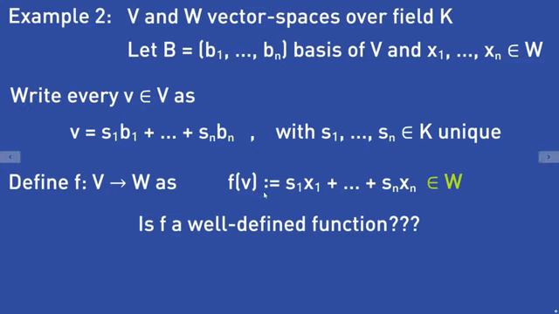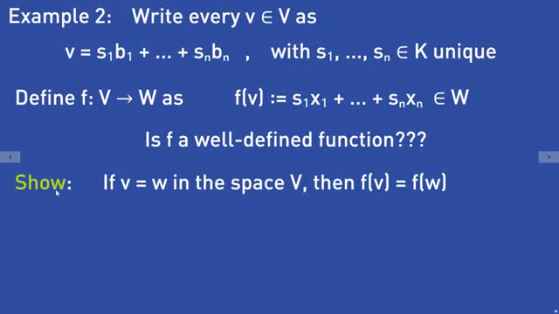So this here is always an element of the space W. The second thing we have to show is the following. If there are two representations of the same vector in the vector space V, then the function values of these two representations have to be the same.